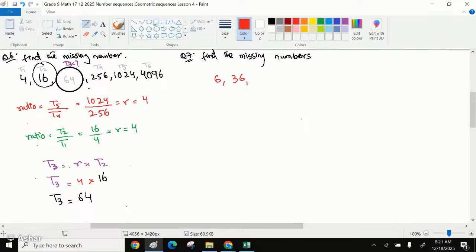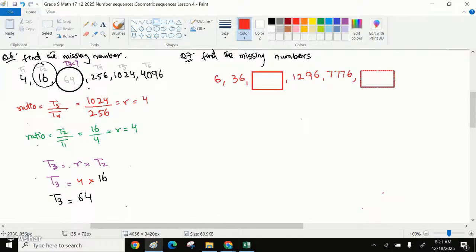Let's make this a missing. And we have 6, 36, missing, 1,296, 7,776, and the last one is also missing over here.